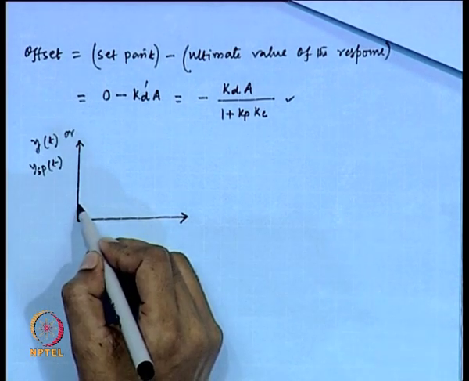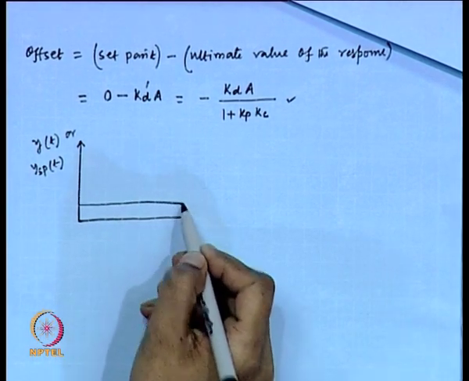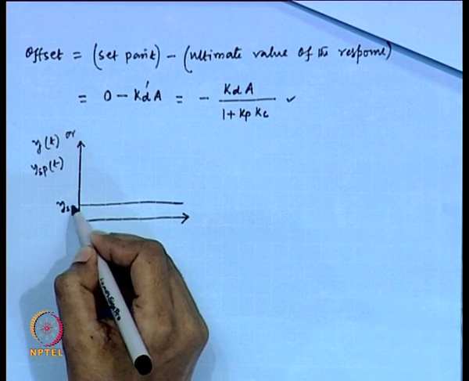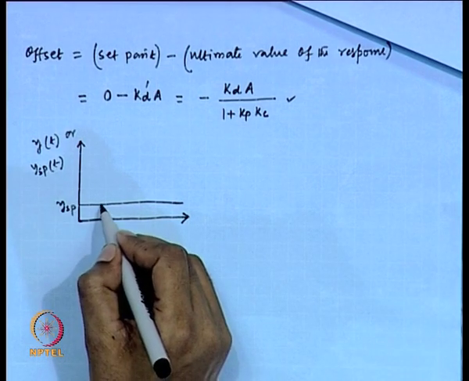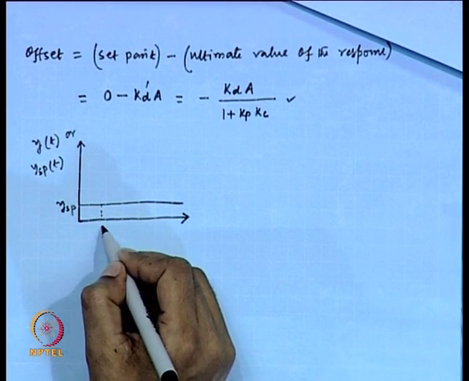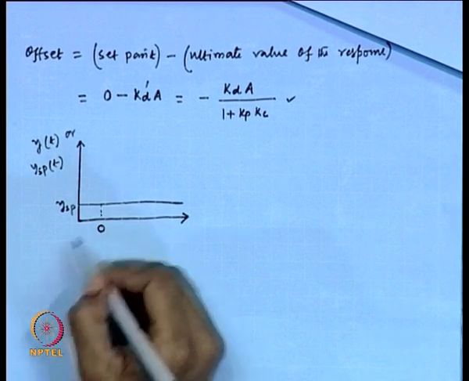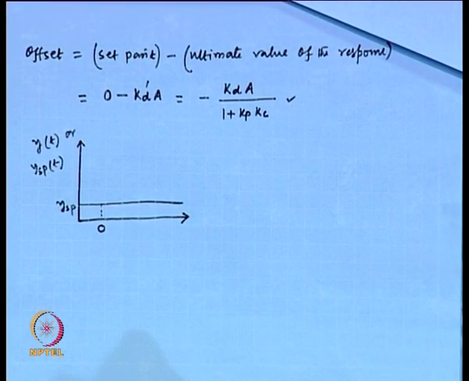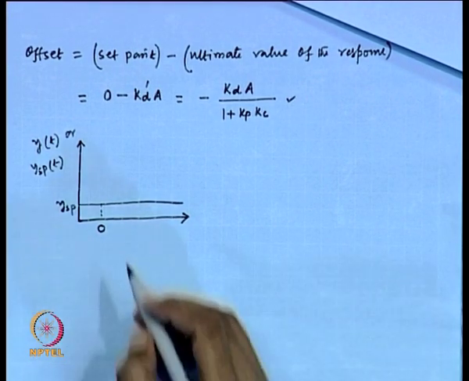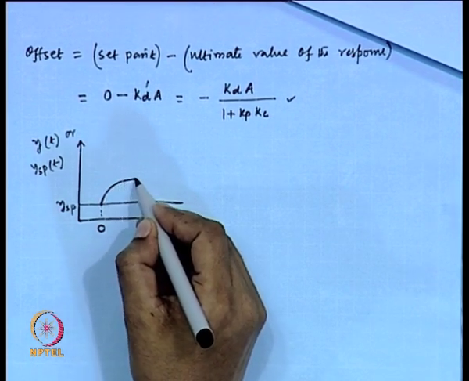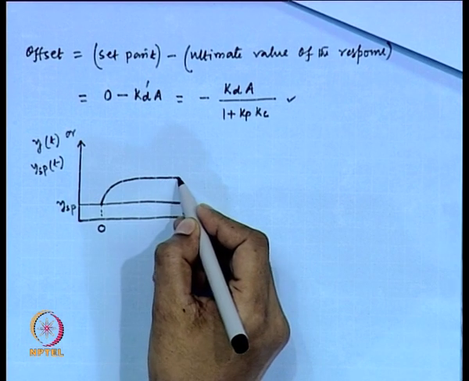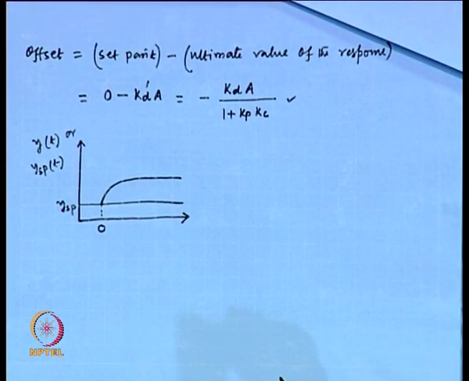We did not consider any change in y set point. So, y set point remains constant throughout the operation, but we have introduced a step change in the disturbance at time t equals 0. So, the process output changes from t equals 0.